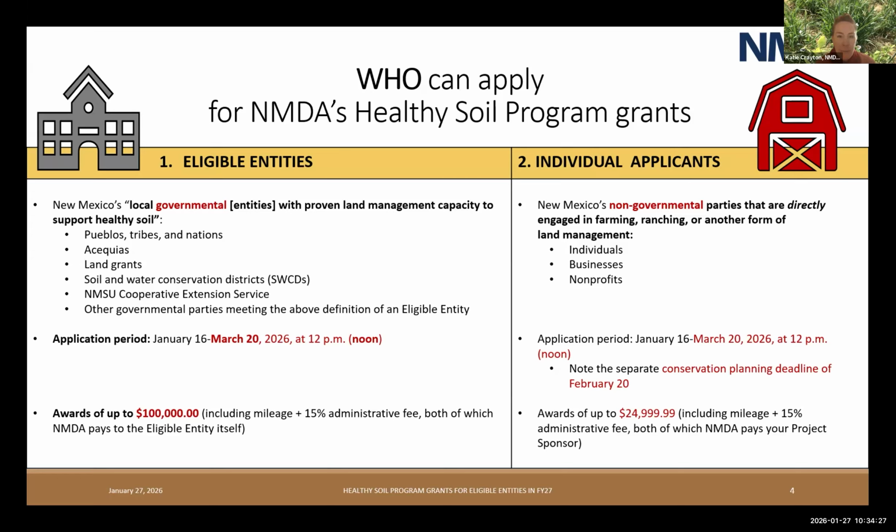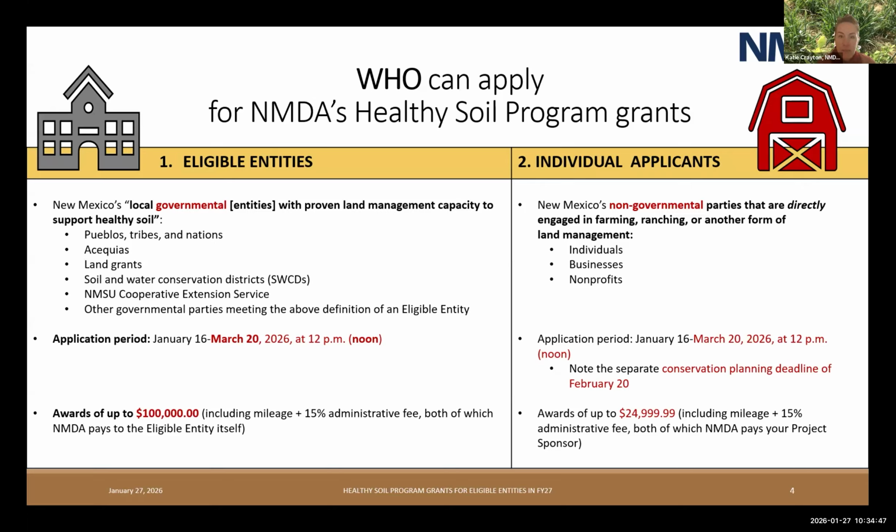We mention our second applicant type, individual applicants, because maybe that's your side gig: farming, ranching, doing your own thing on your own private piece of land or your own public piece of land that you manage. So letting you all know that you may be in touch with individual applicants. Those are our non-governmental parties.